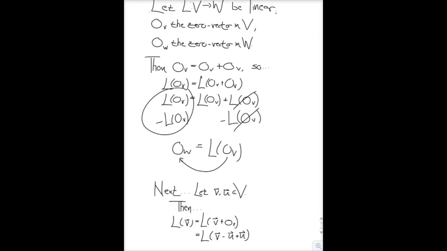Now for our next observation, let's take two arbitrary vectors, u and v, in the vector space V. And now we'll record some more fairly obvious observations. The first is that we can write v as v plus 0, and therefore L of v must be equal to L of v plus 0.